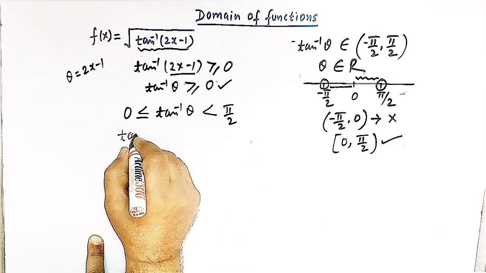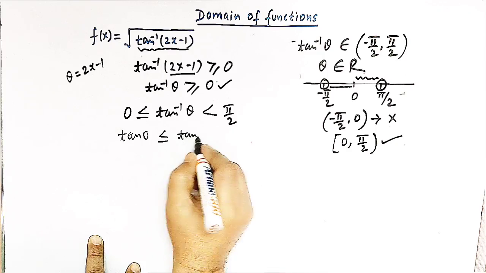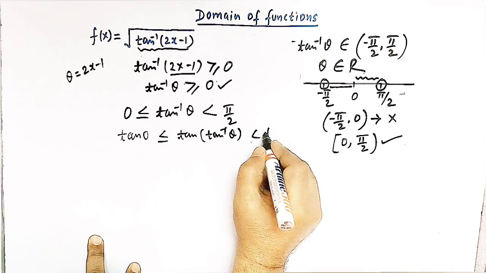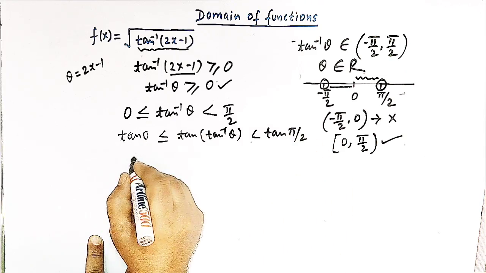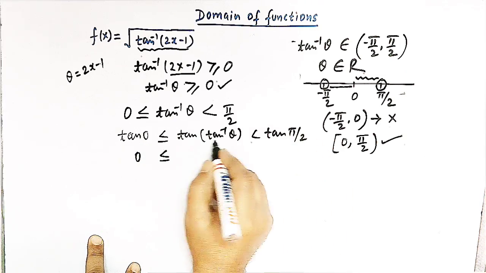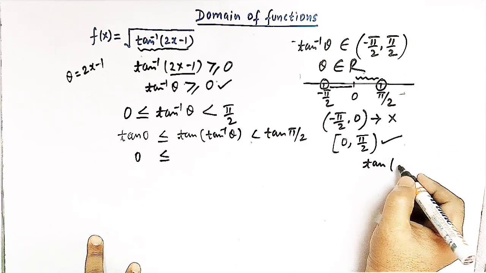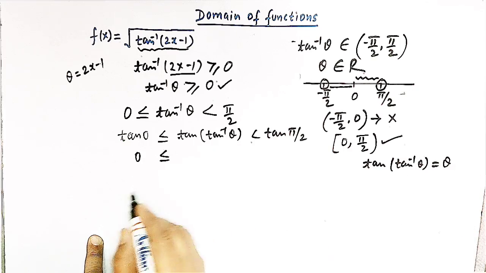We have tan 0, tan of tan inverse theta, and tan pi by 2. Tan 0 is 0, and from inverse trigonometric functions, tan of tan inverse theta is equal to theta.